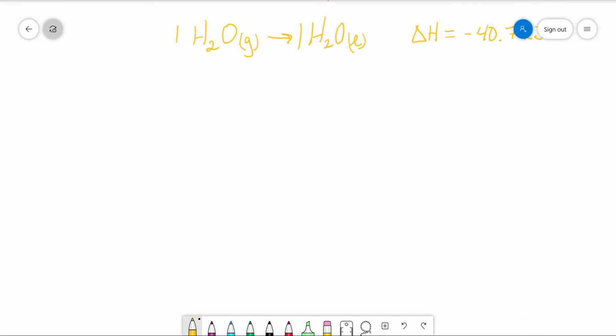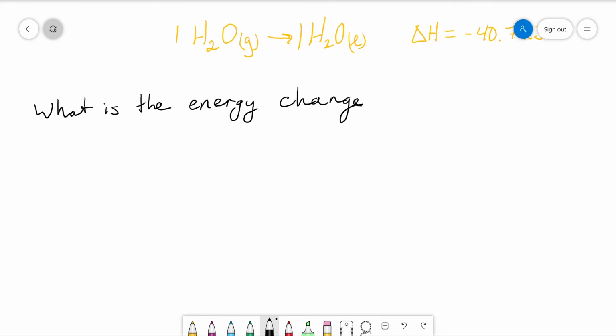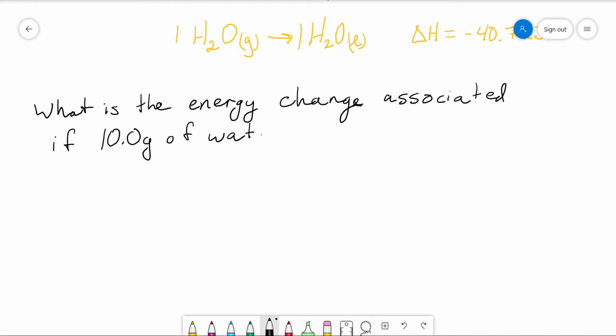Let's just do one really simple example using those. What is the energy change associated if 10.0 grams of water at 100 degrees Celsius, and that's important because this is the boiling point of water, we'll worry more about what that means in a couple chapters, vaporizes.